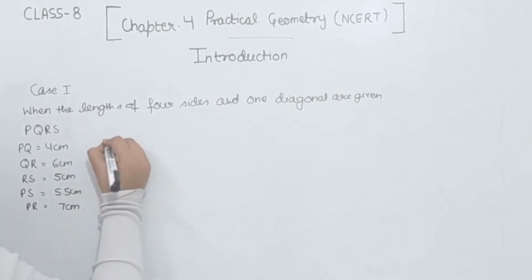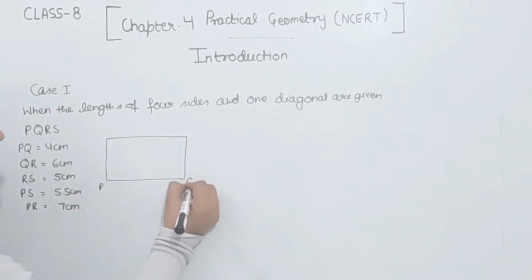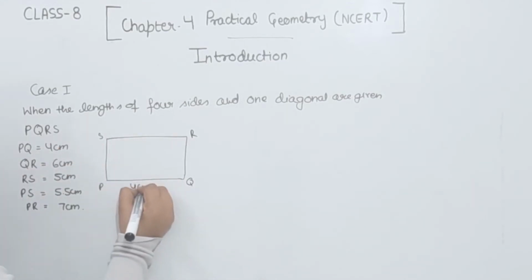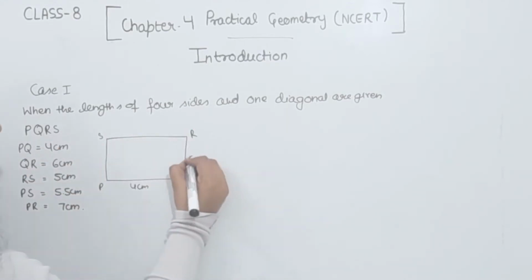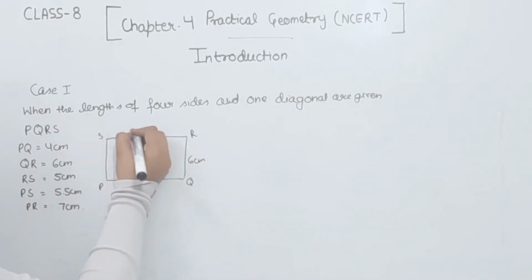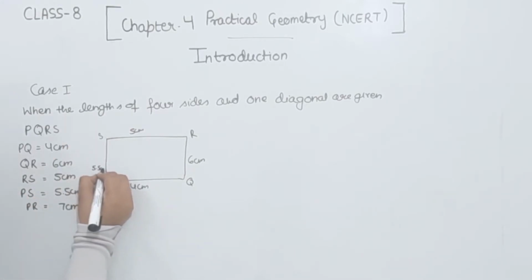So, suppose this is the PQRS quadrilateral we are having. So, I'm going to first of all name this one PQRS. Now, PQ we are having as 4 cm, QR as 6 cm. Now, RS, this one we'll have as 5 cm, and PS, this one will have 5.5 cm.